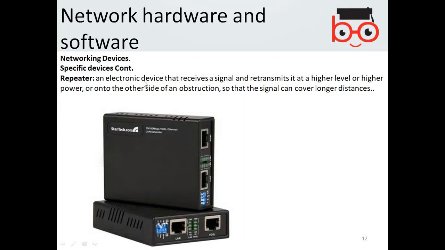Repeater, an electronic device that receives a signal and retransmits it at a higher level or higher power, or onto the other side of an obstruction, so that the signal can cover longer distances. So for example, if you have a network in your home, and you wanted your internet device connected with your laptop, and you notice that your room is very far from the actual internet device.